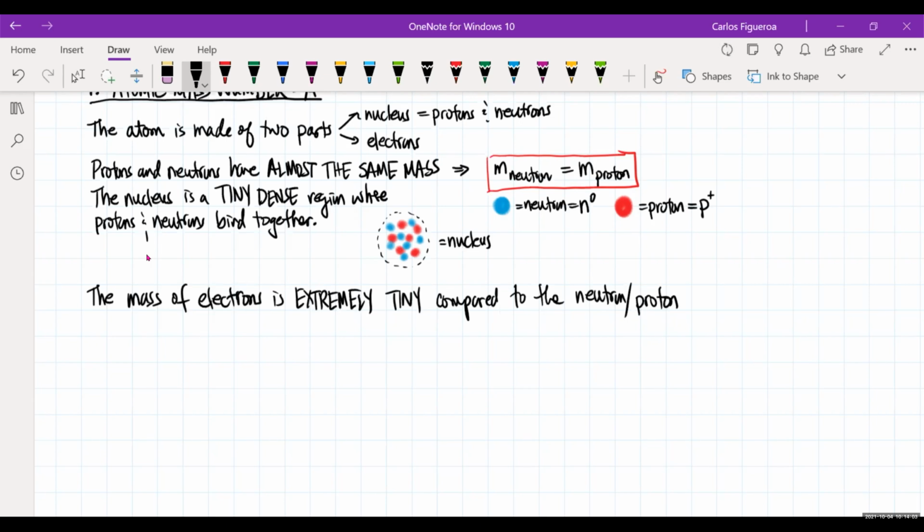So remember, because we're going to start talking about the electron, here's what I'm going to do here. So I'm going to say that the mass of the neutron is equal to the mass of the proton. And this is equal to 1,800 masses of the electron. So that number is quite significant.